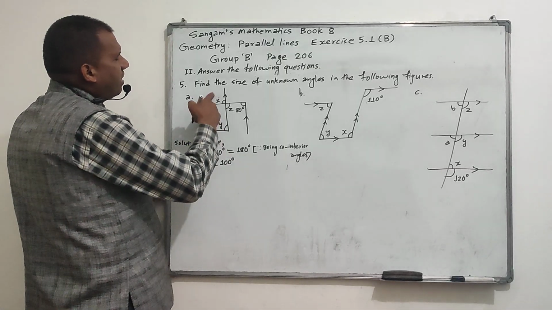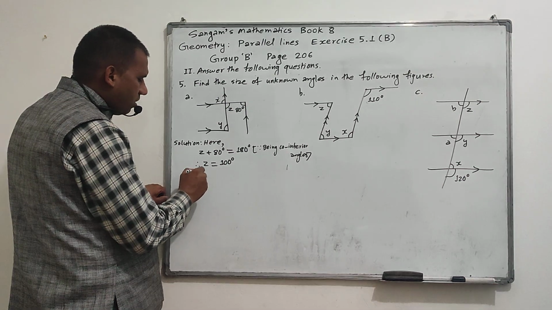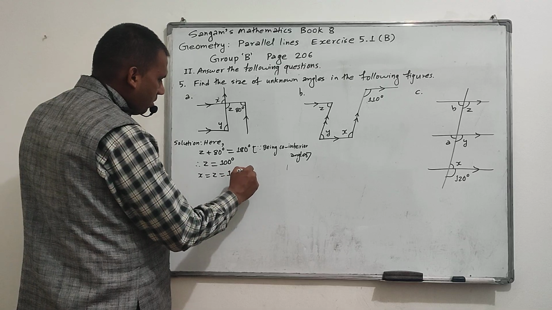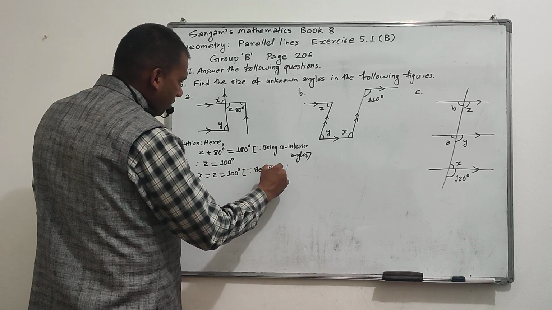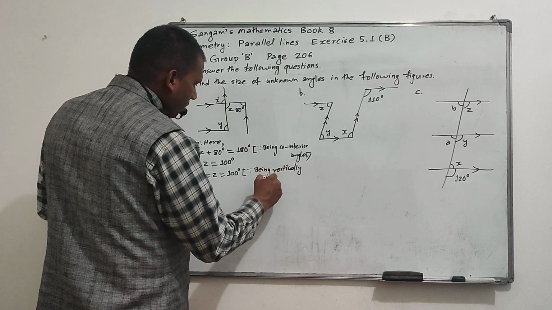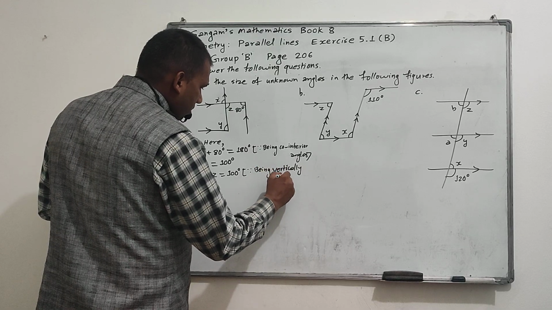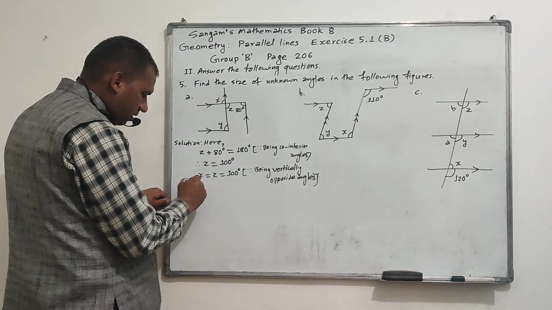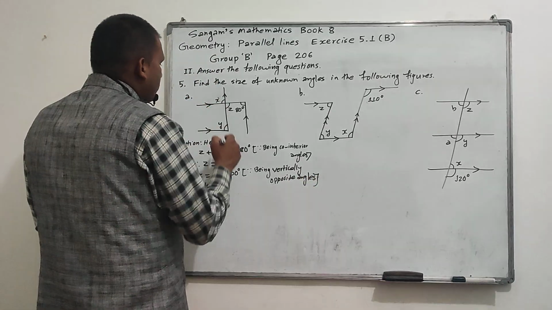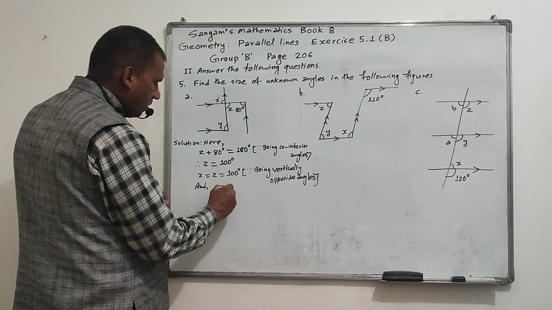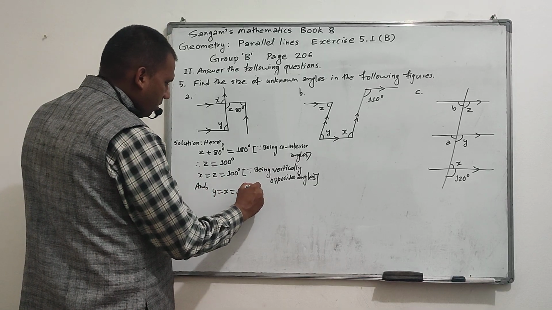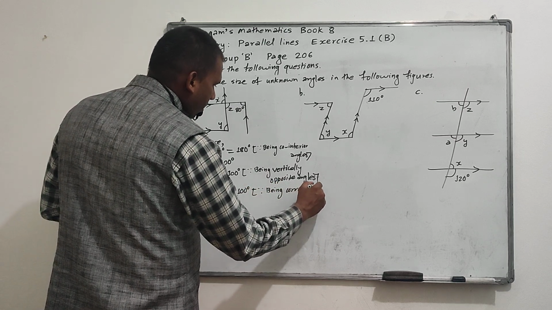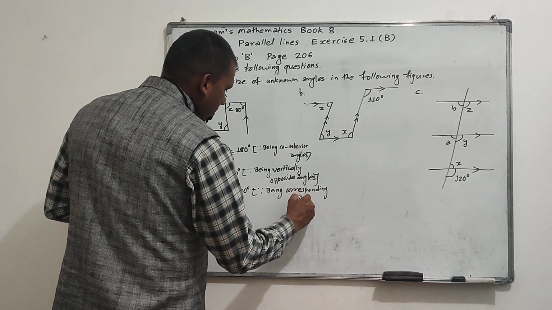Then z and x are vertically opposite angles, so we can write x equal to z equal to 100 degree, being vertically opposite angles, and y and x are corresponding angles, so we can write y equal to x equal to 100 degree, being corresponding angles.